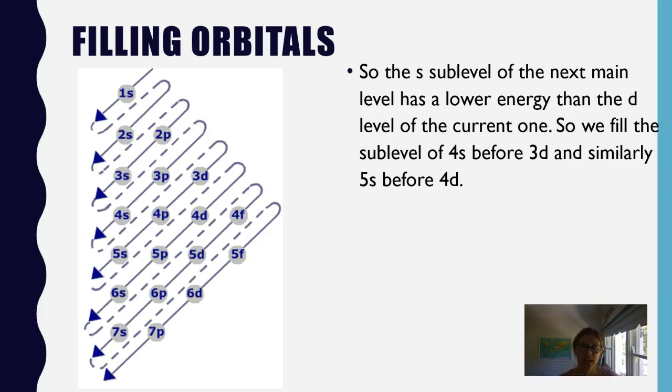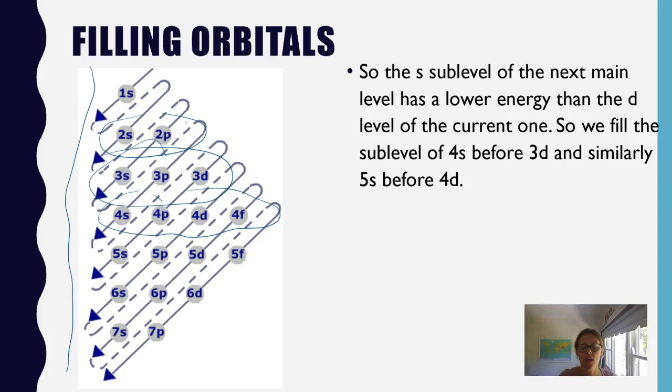I fill the 1s, the 2s, the 2p, the 3s, and so forth. And these are really easy to draw. If you put a row down this side, 1s, 2s, 3s, 4s, 5s, up to 7, and then we drop 1 each time, so the 2's line up, then we're getting S, P, D, F. It's very easy to draw and it's a lot easier to follow.